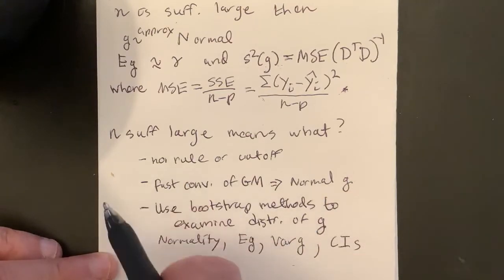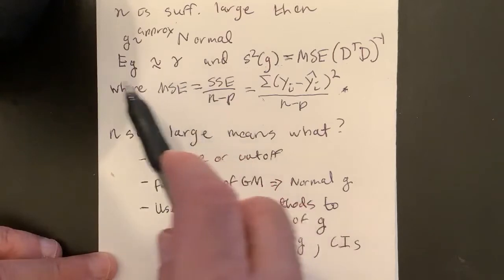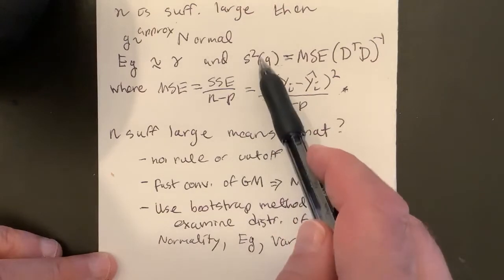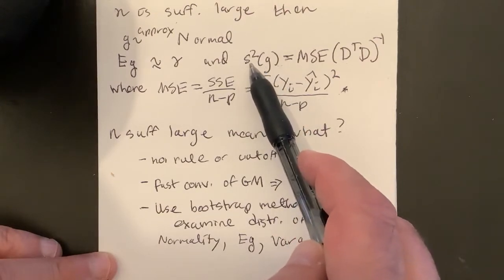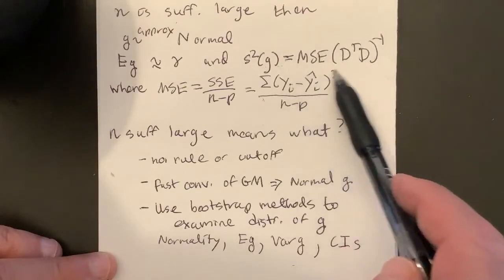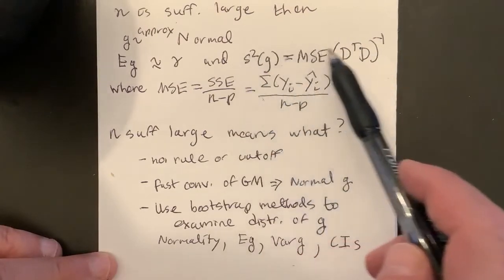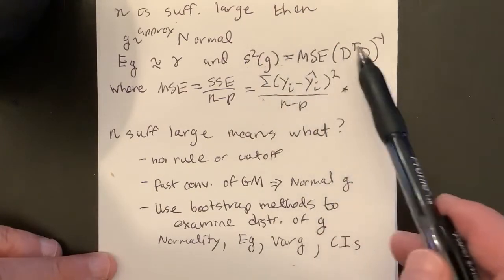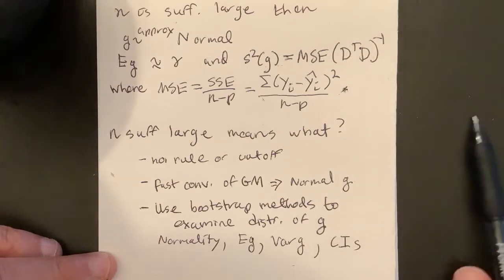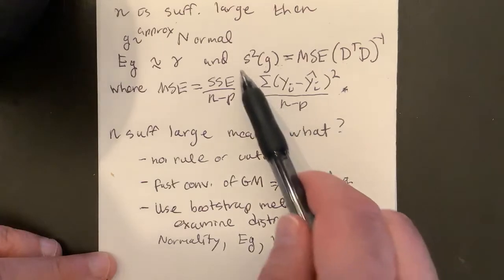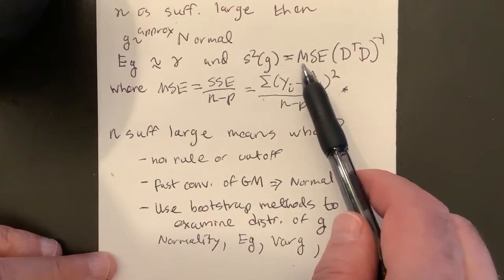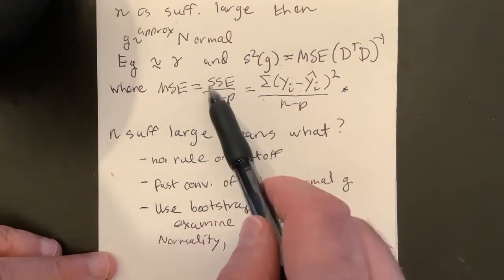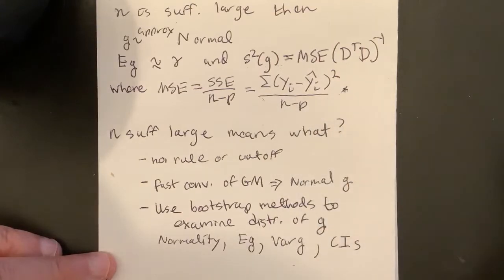It's approximately unbiased, and we can specify its variance by this expression, where D is that final matrix of the partial derivatives. So this would be the estimated variance, where sigma squared is replaced by MSE. What's MSE? MSE is the same as before. It's the sum of squared errors divided by n minus p.